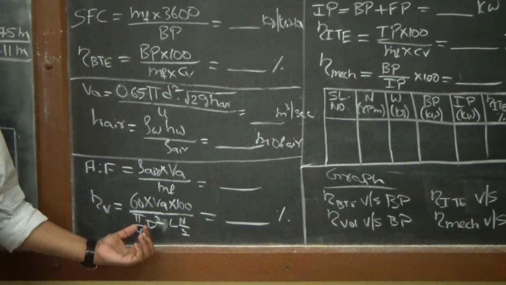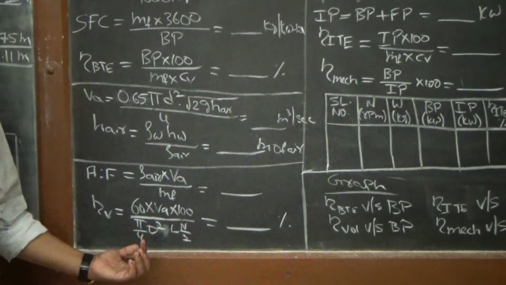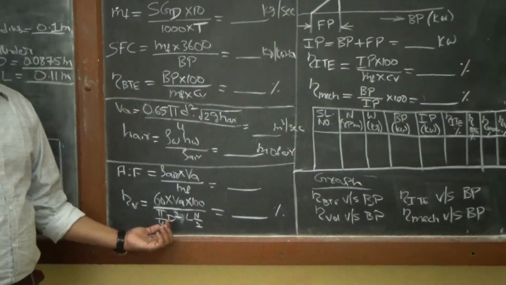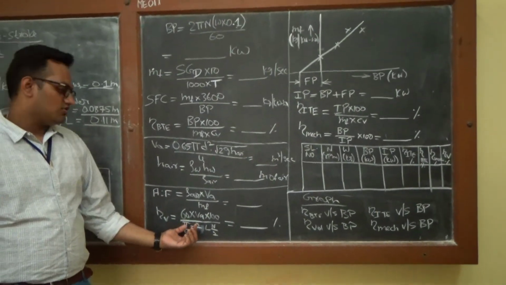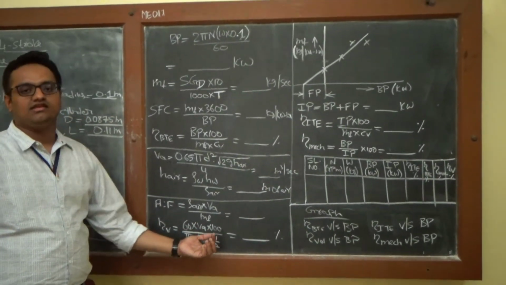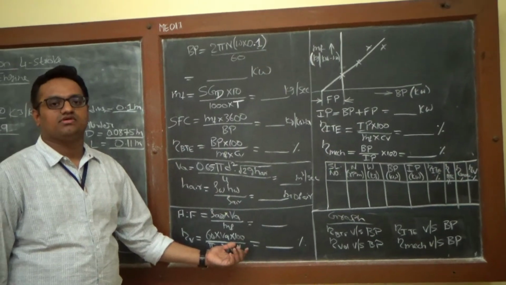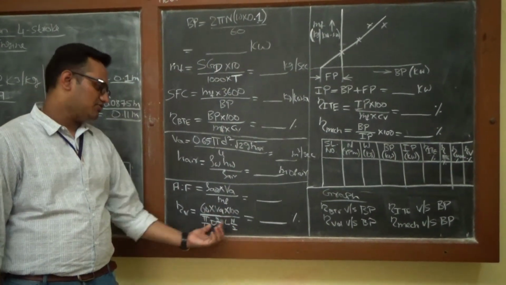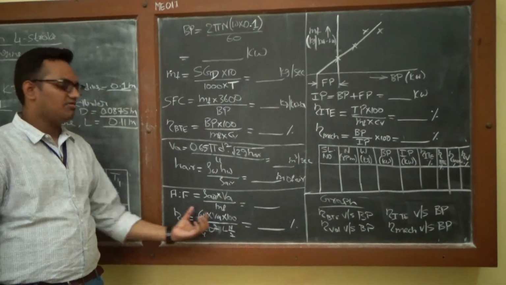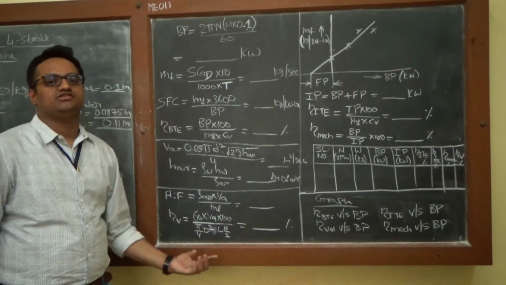Capital D and capital L represent the diameter of the bore and the stroke length of the piston, and n is again the speed of the engine. So the swept volume into speed divided by 2 gives us the volumetric efficiency in terms of percentage.